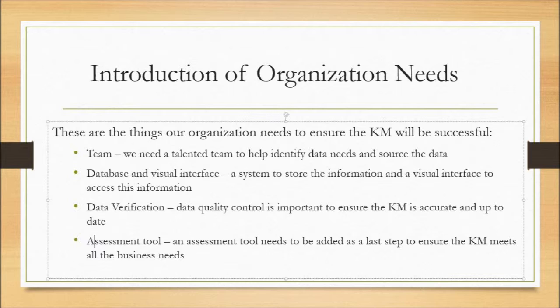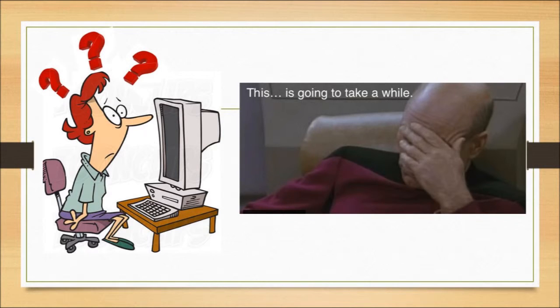Data verification. Data quality control is important to ensure the KM is accurate and up to date. Assessment tool. An assessment tool needs to be added as a last step to ensure the KM meets all the business needs.